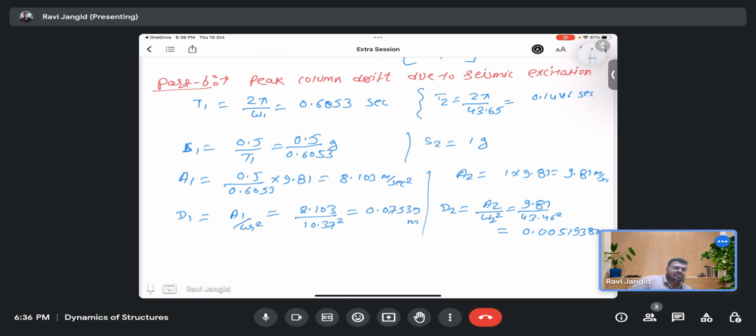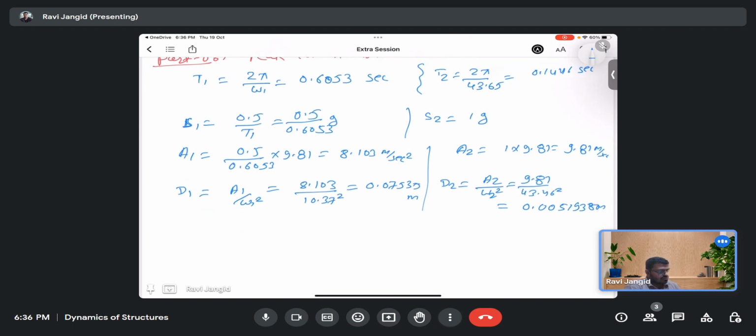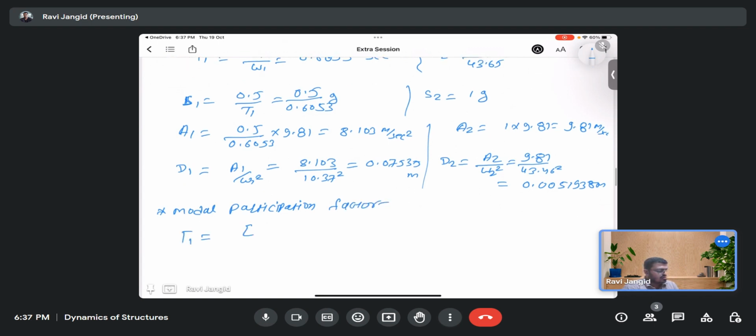So now after doing that, we need to determine the modal participation factor. How do we do that? Gamma 1 is phi 1 transpose times mass matrix times the influence vector, divided by phi 1 transpose mass matrix times phi 1. Here our influence vector L is equal to 1 1.